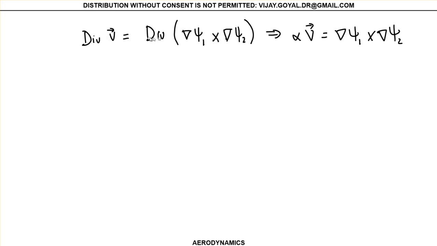Because you have divergence on both sides, you can basically integrate on both sides and then get a constant. So this is how you're getting this. This alpha can in general be a function of x, y, z, and time. And it's known as a scalar, because it's not a vector.